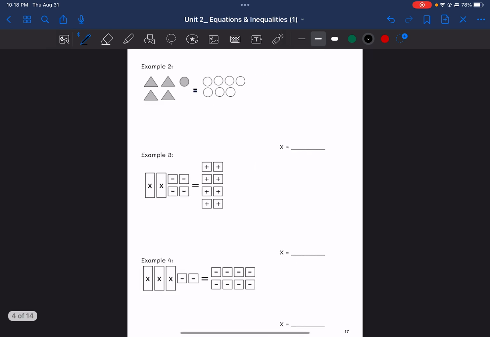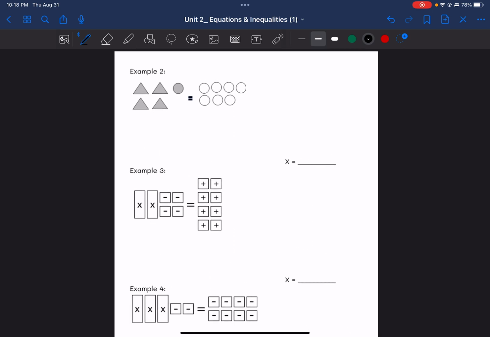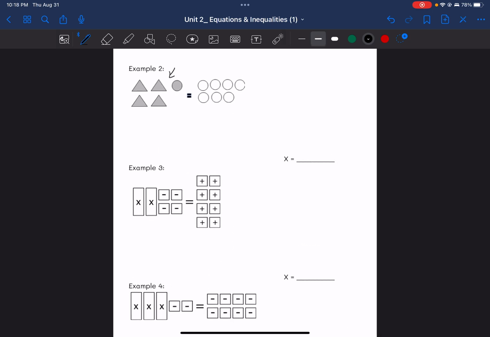All right. Let's go to the next one. So I'm going to quickly do this one. Okay? These are negatives because they're shaded. Okay? So this would be negative 4x minus 1 is equal to 1, 2, 3, 4, 5, 6, 7. Okay? Let's do our line down the middle of the equal sign.